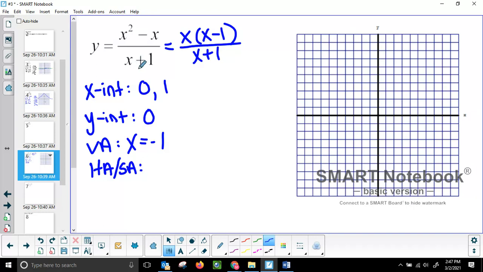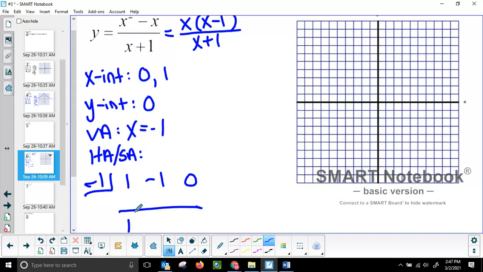You can find the slant asymptote using either long division or synthetic division, and you have to ignore the remainder. Because this is just x plus 1, this is easy to do with synthetic division. So I'll put -1 in my box, and then I'm using up here, so this would be 1, -1, 0.